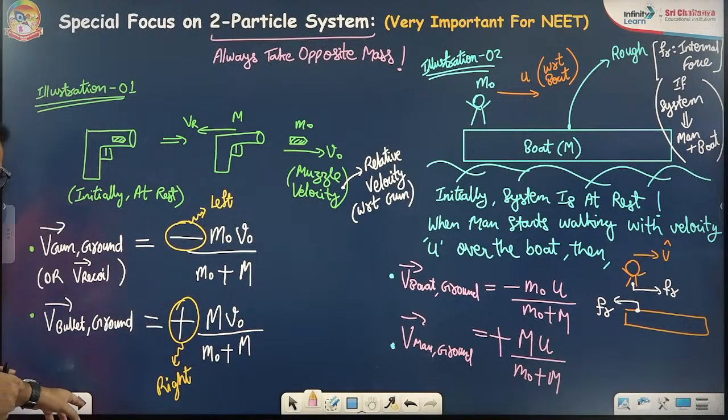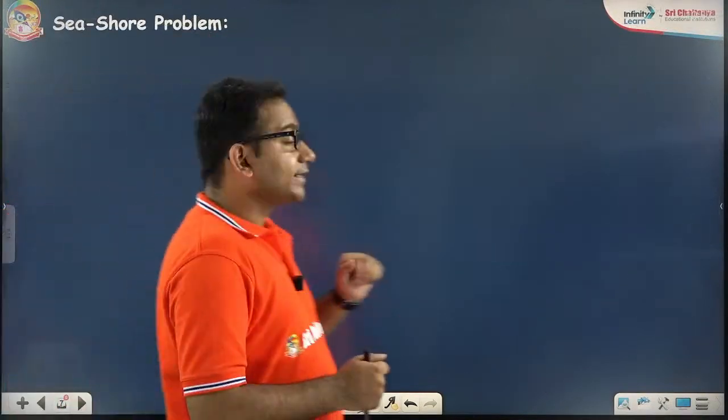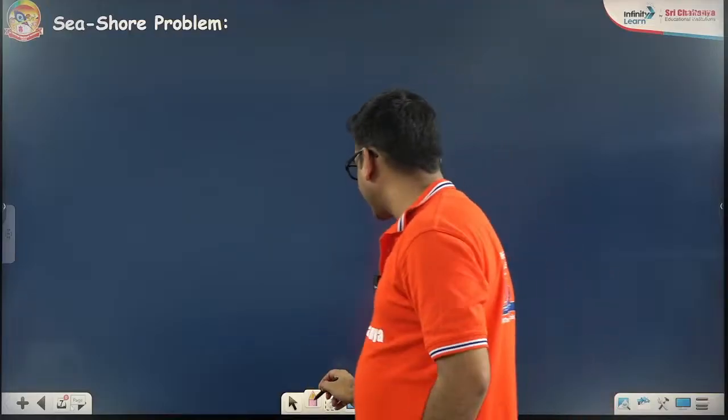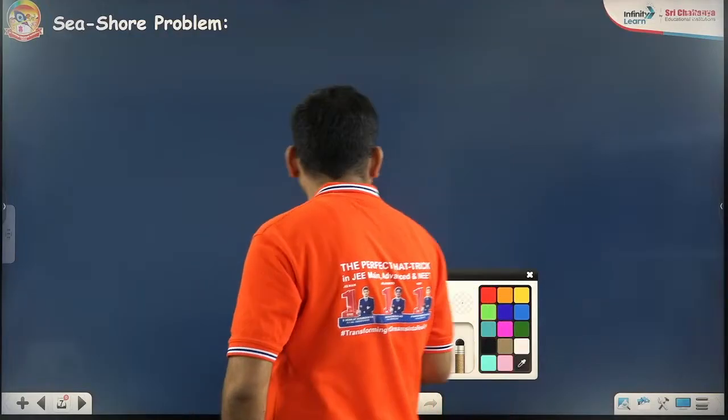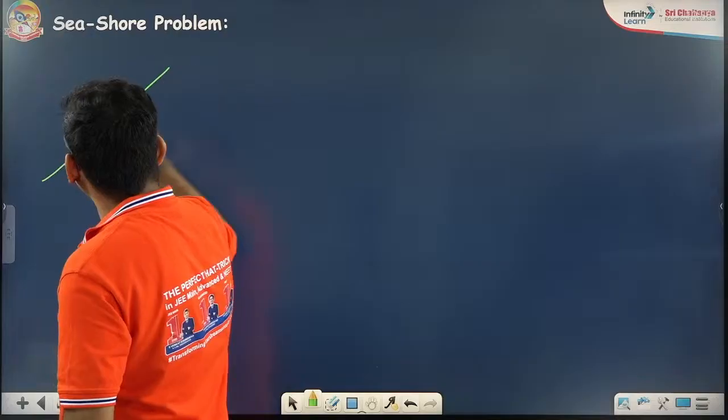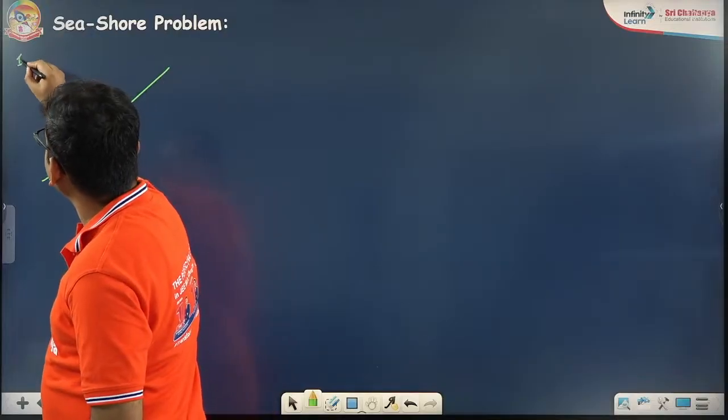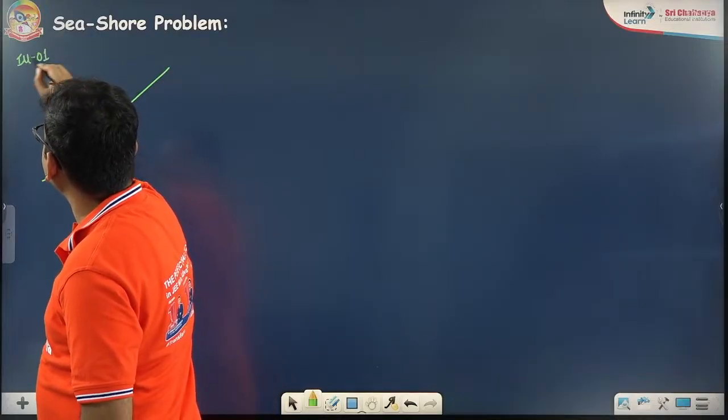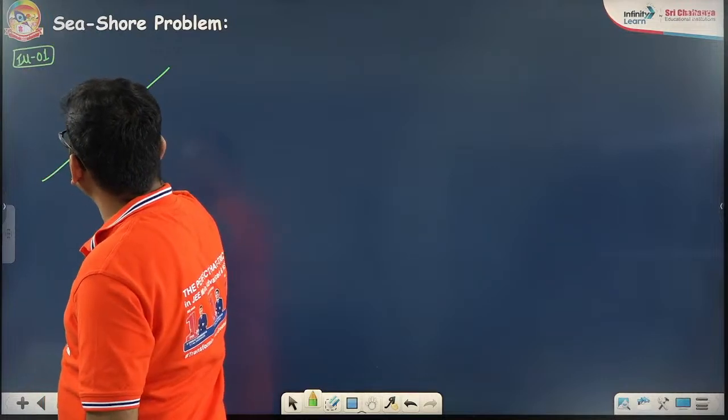All right. Now, let me take you towards other models. Next is the seashore problem. So one quick consideration is, again, illustration 1. In this illustration 1, this is a seashore.